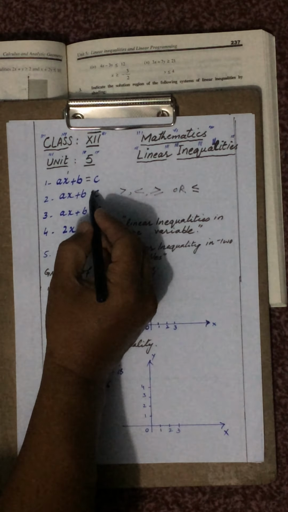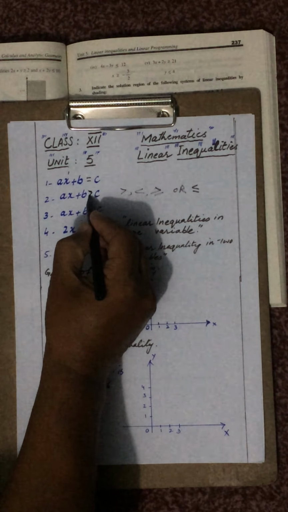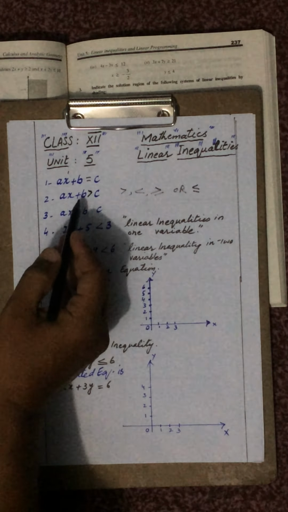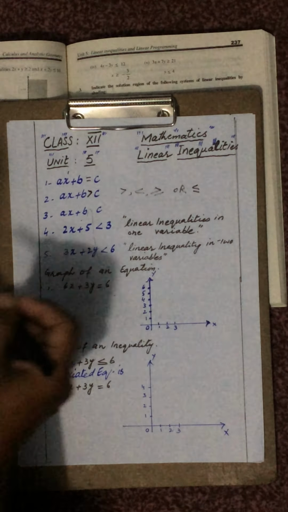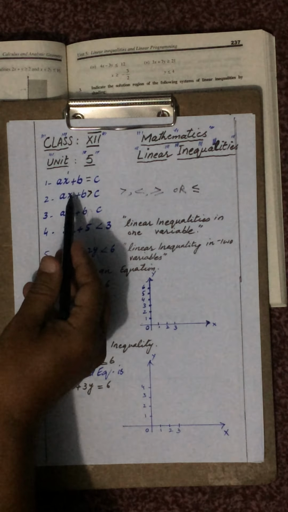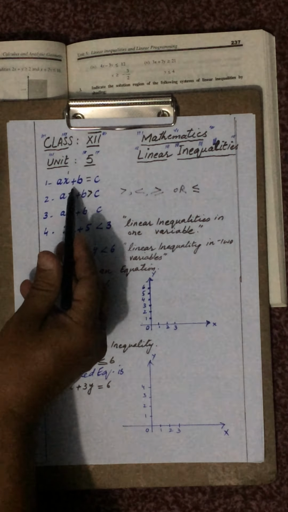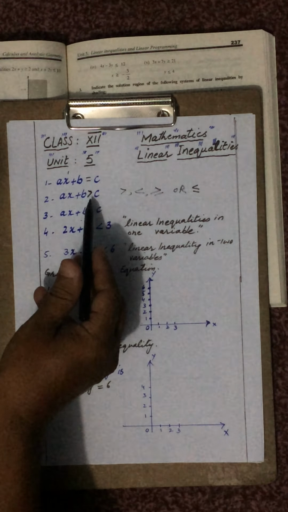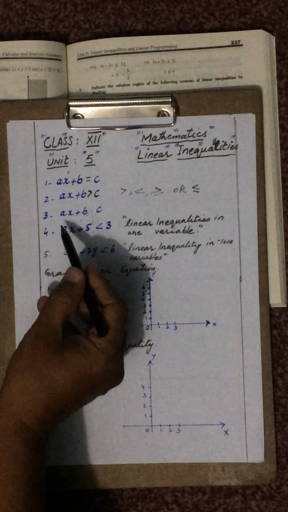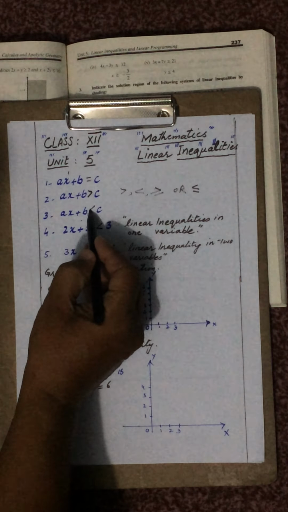Like if we write here ax plus b greater than c, then this is an inequality in one variable, and this is linear. Why? Because the highest power of the variable is 1. We can also write ax plus b is less than c.